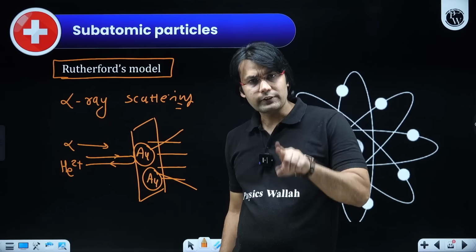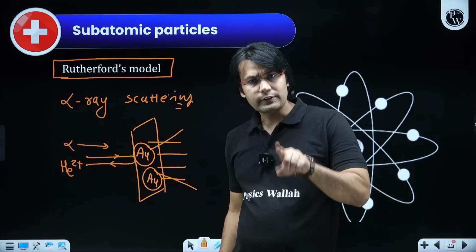So that's how you can calculate the amount of radiated energy: the radiated energy by the electron, delta E, is the energy of the outer orbit minus the energy of the inner orbit. And we already know from the Bohr model the formula for the total energy of the electron. The energy when it is in the outer orbit, E2, is minus 13.6 Z squared by N2 squared electron volts, minus, when it is in the inner orbit, its energy, which is minus 13.6 Z squared by N1 squared electron volts.